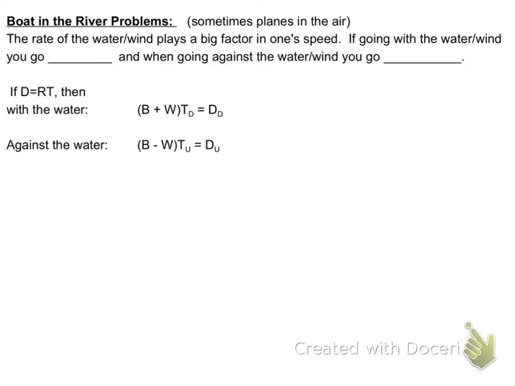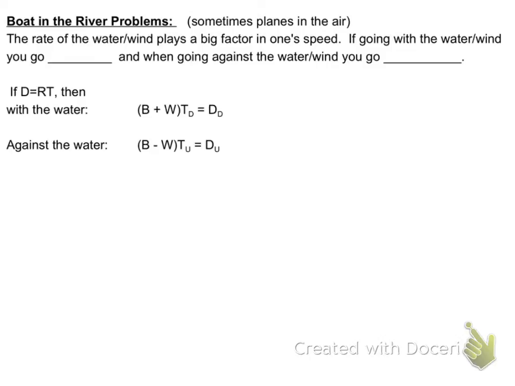If you are going against the wind, you go slower. Think back to your days of riding your bike. If you ride your bike on a windy day, would you rather go with the wind or against the wind? I think I'd rather go with the wind. Unfortunately, usually you have to turn around and go back. So, therefore, you're going to have to pedal harder or put more energy into going against the wind.